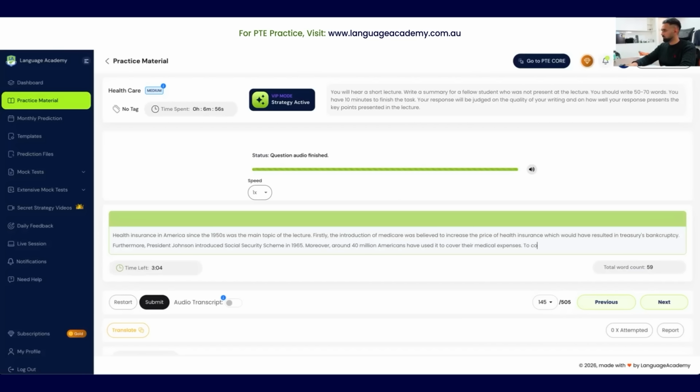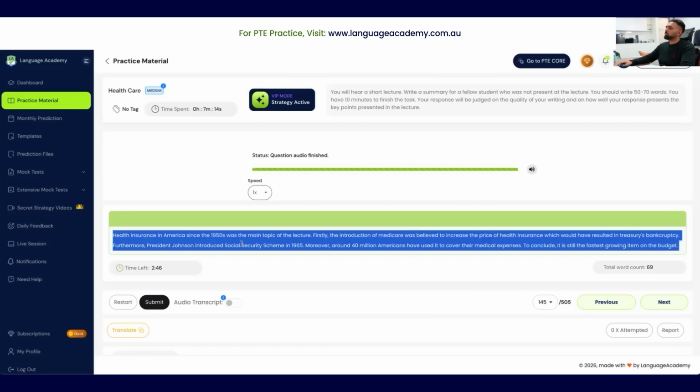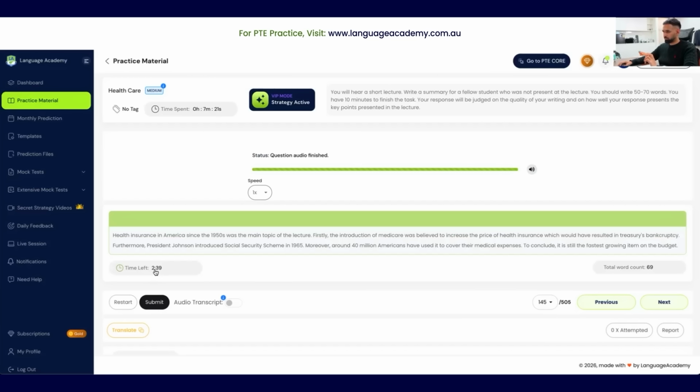To conclude, it is still the fastest growing item on the budget. That's it. Now, I'm not 100% happy with this summary. I know I could have written better, but we have to be very careful with the time as well, and then you cannot include each and everything.